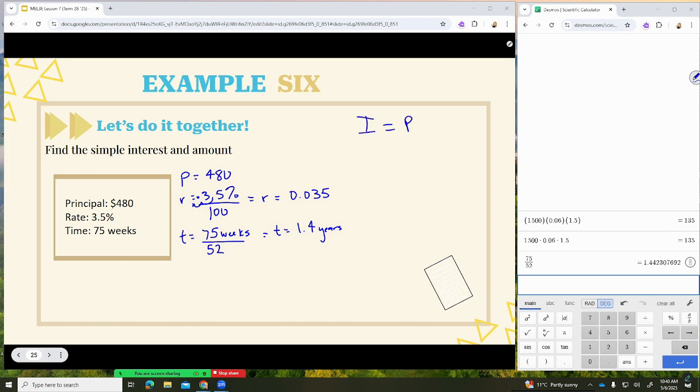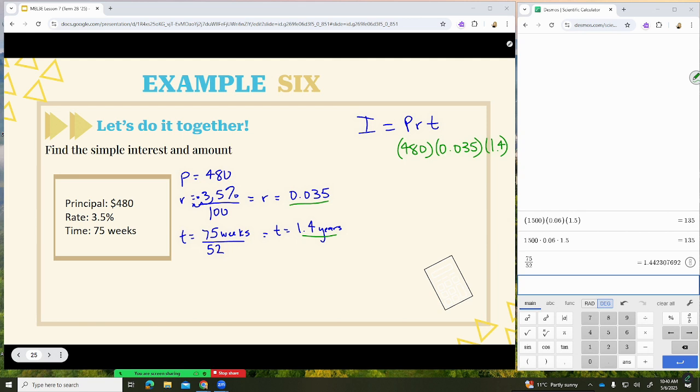Let's plug it into our formula. I equals PRT. Instead of writing P, we're going to plug in the number 480 times R. Instead of putting R, we know R, we calculated it, so we're going to put in 0.035, and instead of putting in T, we calculated T at 1.4.